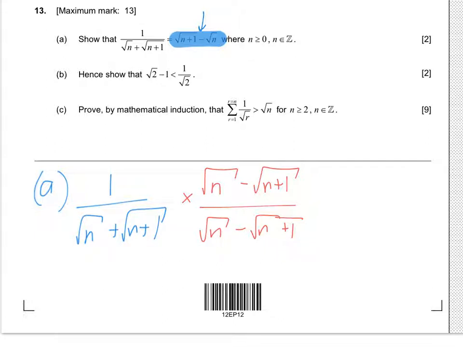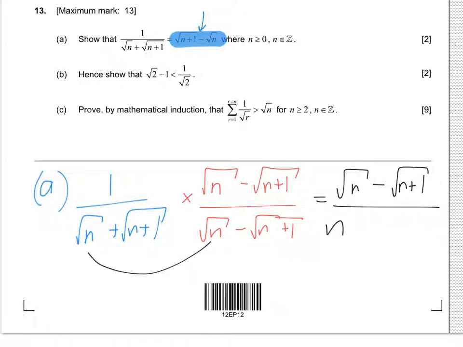If you do that on the top, you get root n minus root n plus 1. And if you do it on the bottom, you get root n times root n, which is n. You get root n times root n plus 1. You also get minus root n times root n plus 1.